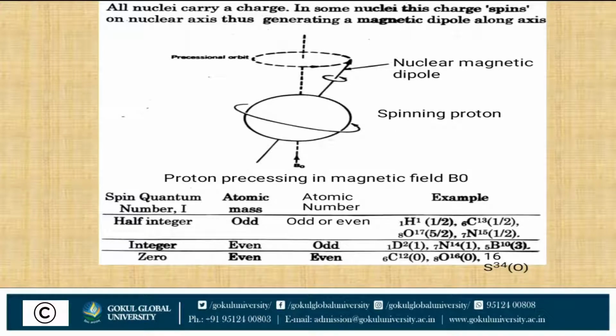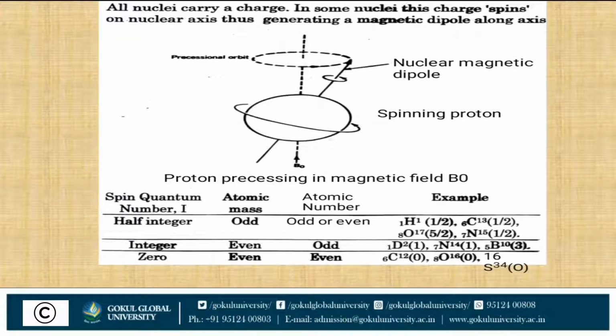If the spin quantum number is an integer, the atomic mass is even and the atomic number is odd. Examples are deuterium, nitrogen and boron. Deuterium has an even atomic mass and an odd atomic number, and likewise nitrogen and boron.